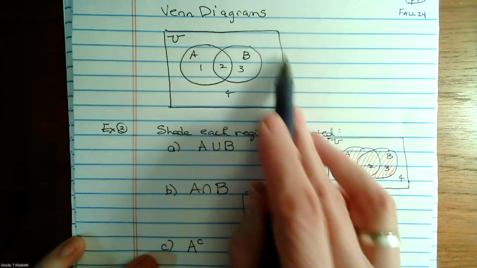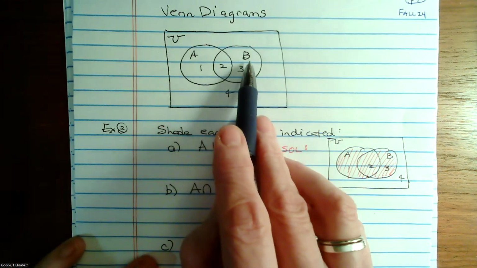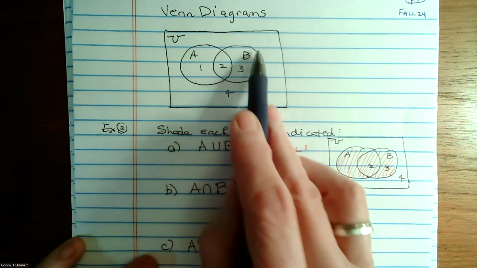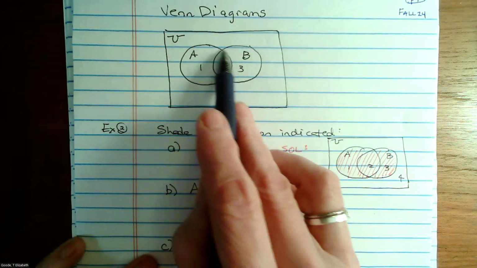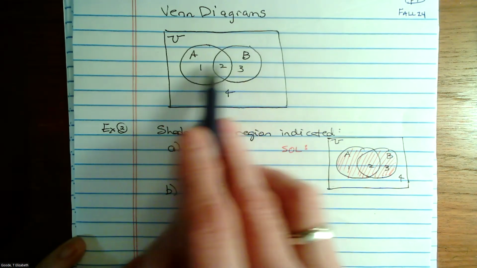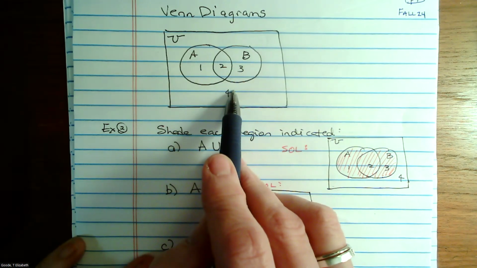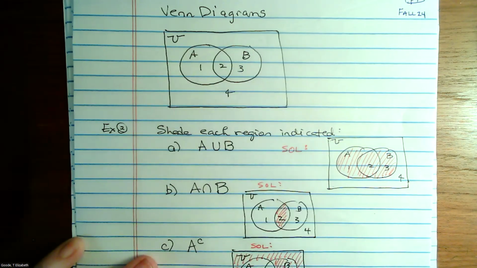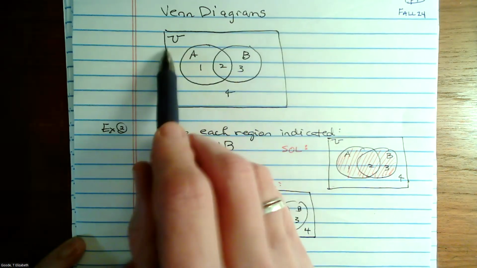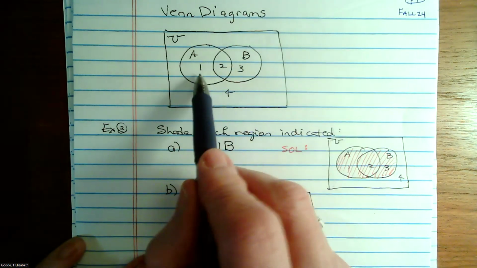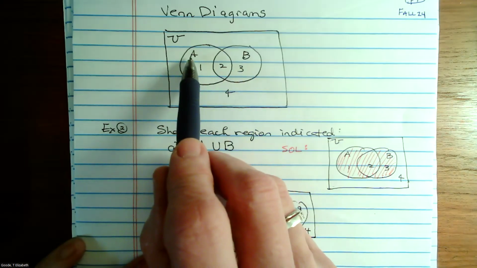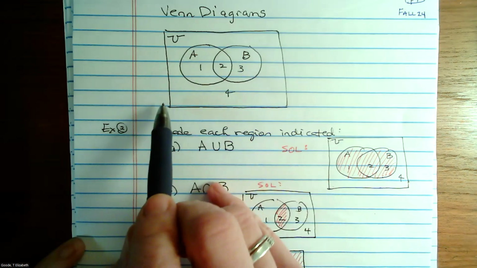This is a two-set Venn diagram where we have A and B and a universal set U. And notice we've drawn it so that there is definitely a region of overlap between A and B because there might be elements in there. Now, these numbers don't represent elements in any of these regions. They are just numbers to identify the four regions that get created when we draw a Venn diagram that has two subsets A and B.